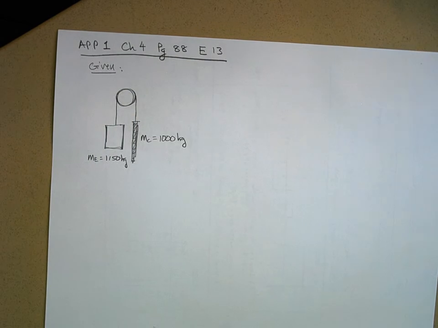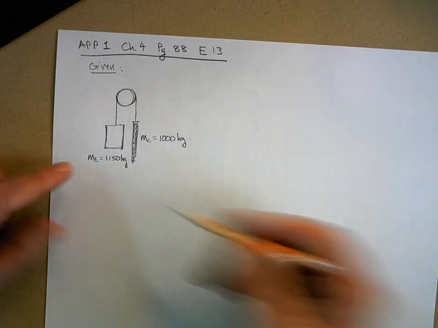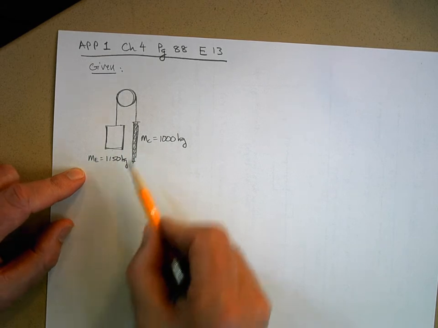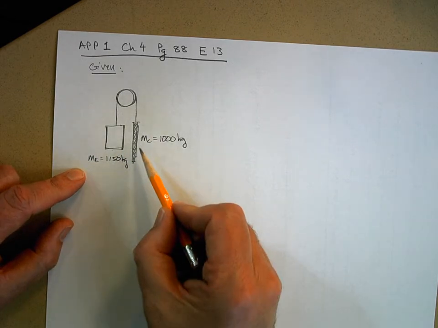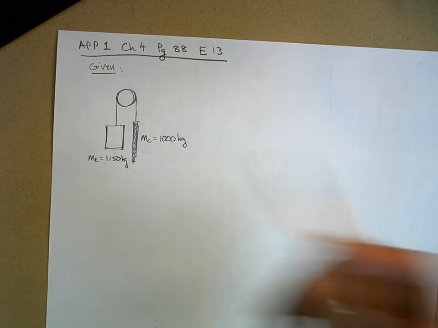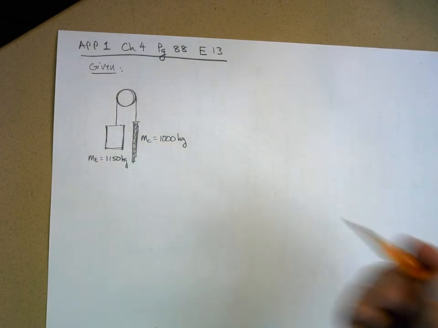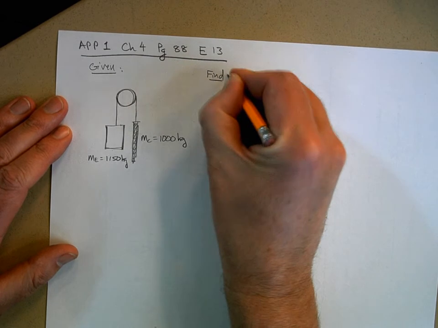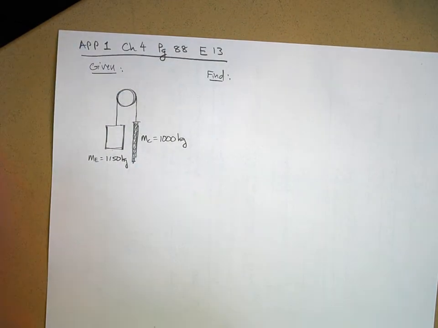So let's say this is a pulley that can turn. If I release this, what's going to happen? Well, the elevator has more mass, so it's going to accelerate down, but the counterweight is going to accelerate up with the same acceleration. And so what are we trying to find? We want to find A, the acceleration.